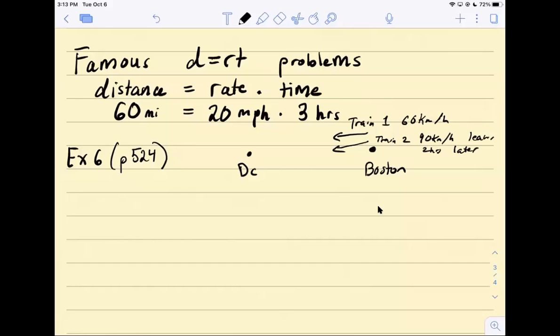I'm not writing out the full problem. I'm just drawing a little schematic so I can visualize what's happening. So train 1 has a head start.